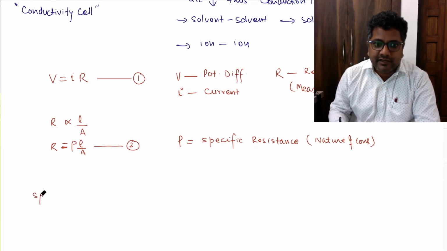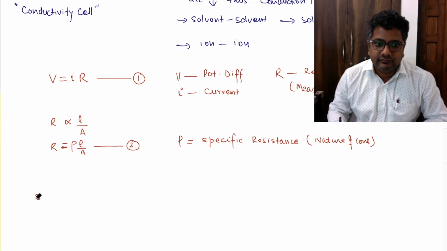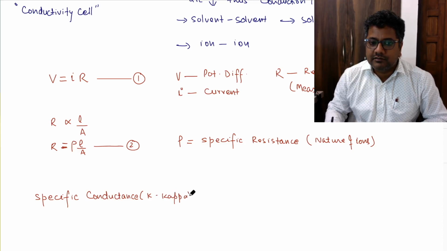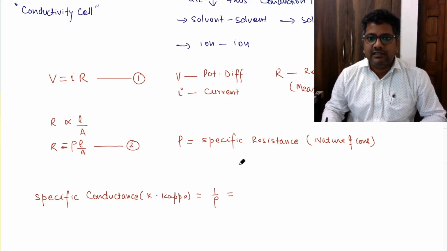Specific conductance is written by small k, and pronounced as kappa. Kappa is equal to 1 by rho, and 1 by rho, the reciprocal of the specific resistance, is called specific conductance.